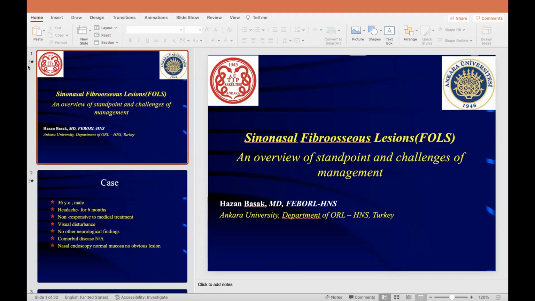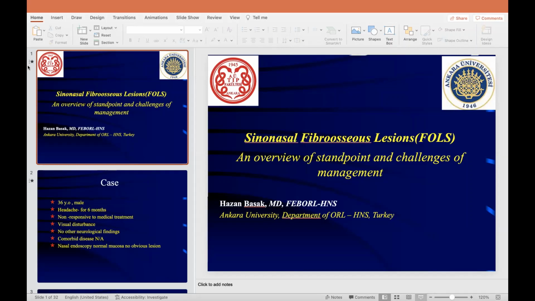How we diagnose it is with CT scans. CT scans are the most important radiological imaging for fibrous dysplasia too. CT scans show a ground glass appearance on remodeled bones. I will show it later. And for magnetic resonance imaging, the indications are the same.